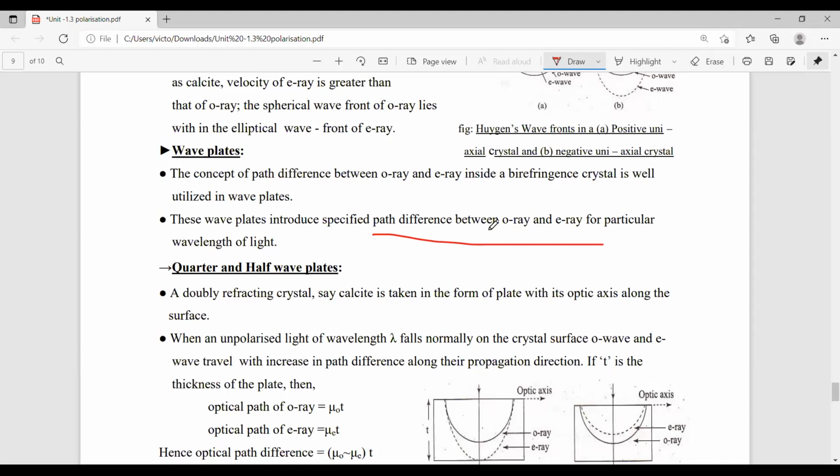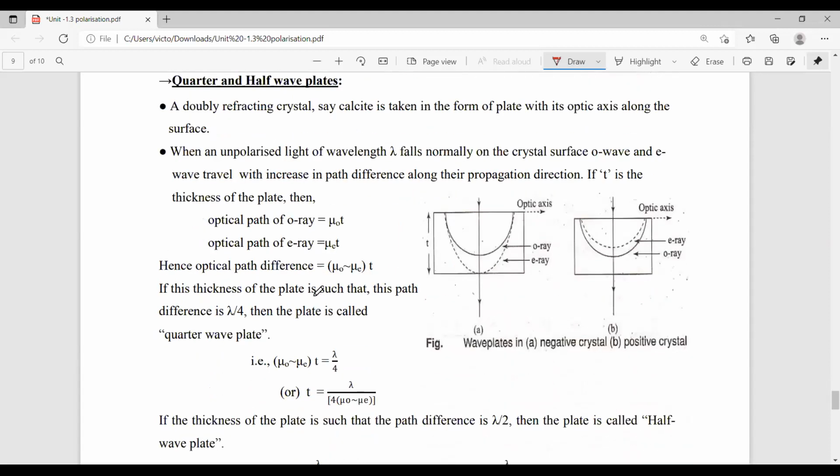That means O ray is faster as compared with E ray. Automatically between O ray and E ray, there is some path difference. That path difference creates the concept of a quarter wave plate and half wave plate. So let us discuss that.